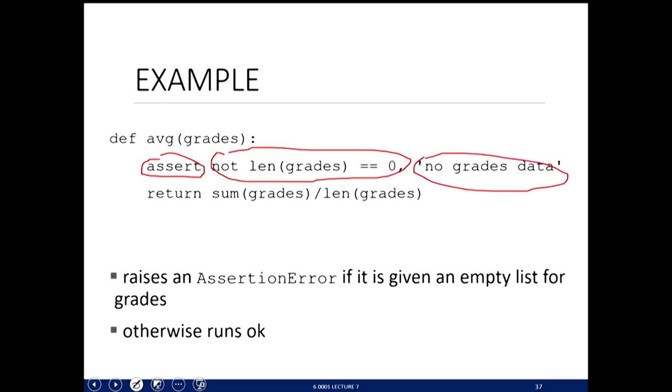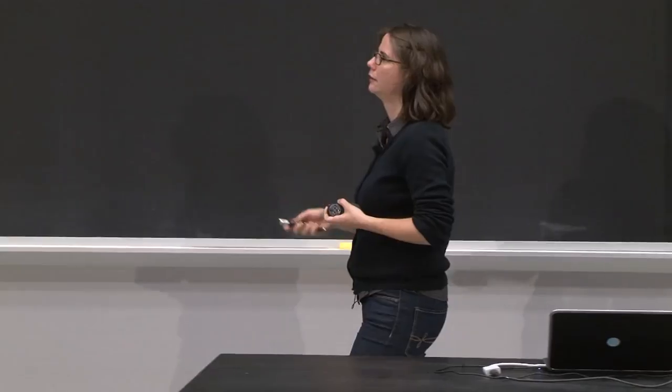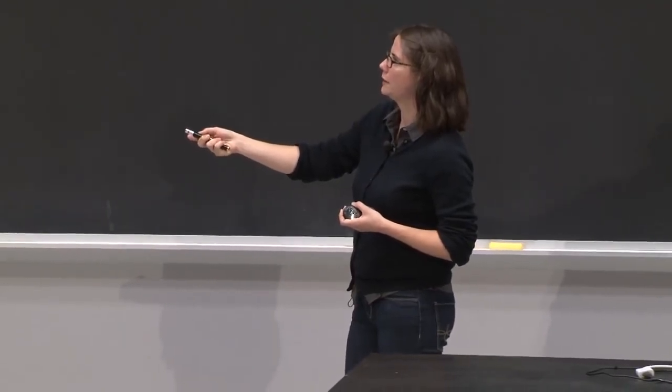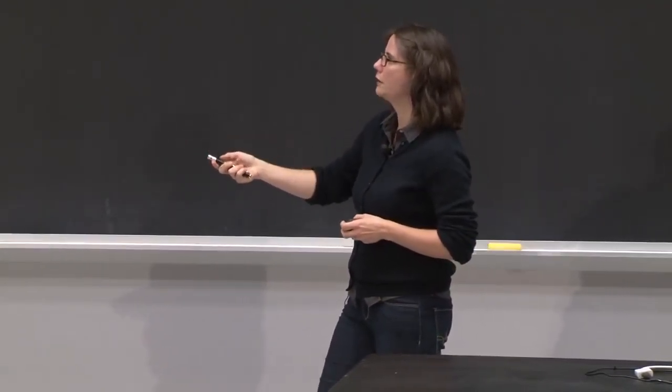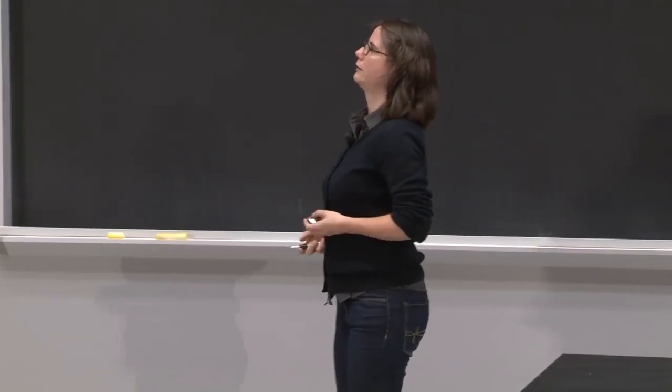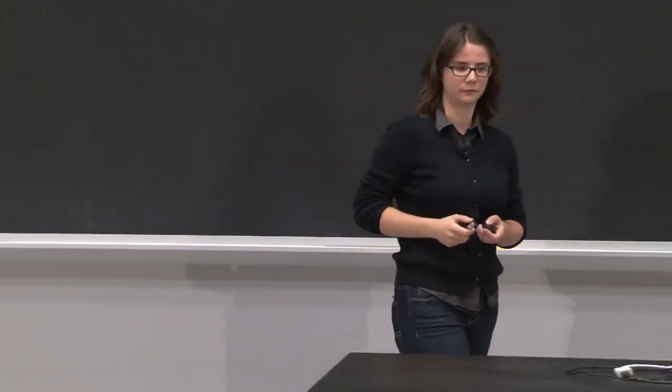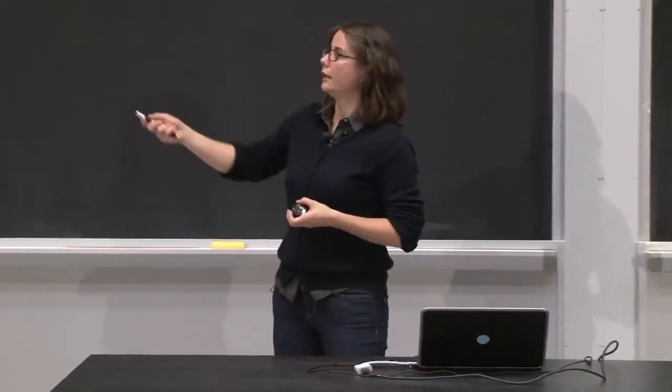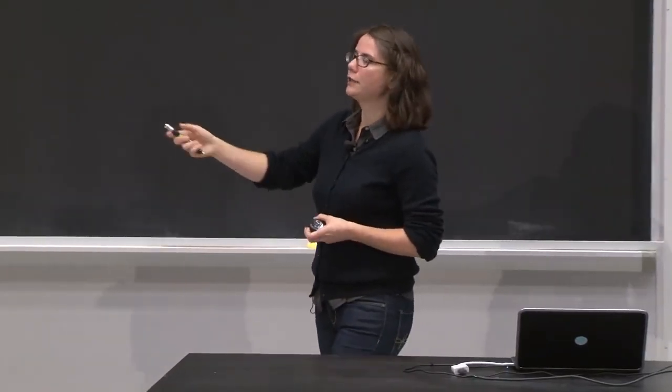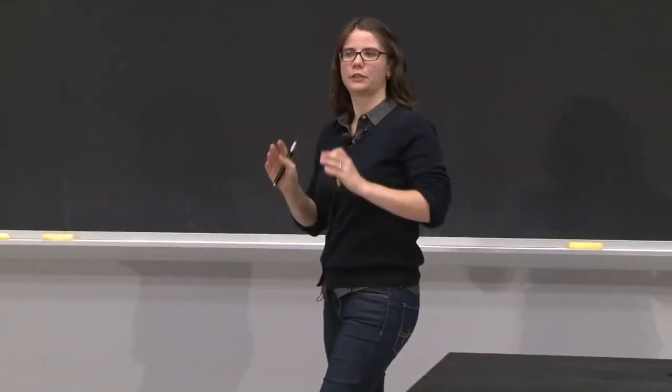And then we have a string here which represents what do you print out if the assertion does not hold. So if you run the function and you give it a list that is empty, this becomes false. So the assert is false. And we're going to print out an assertion error, no grades data. Okay? If the assert is false, the function does not continue. It stops right there.